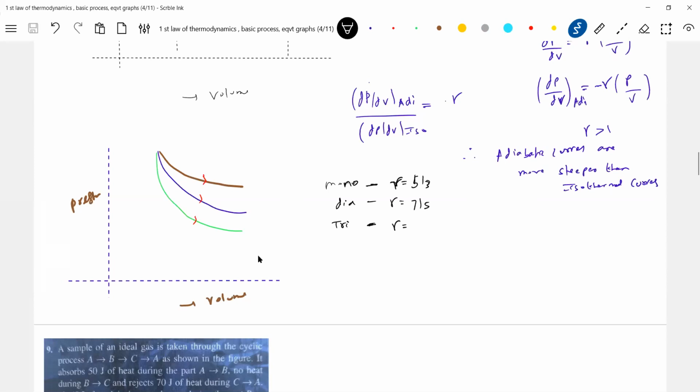It will be 6, no? CP will be 7. Shall I write? All of you okay? Gamma is CP by CV. So this will be 4/3, no? Tell me which gamma will be more. Gamma for monatomic gas will be more than diatomic.